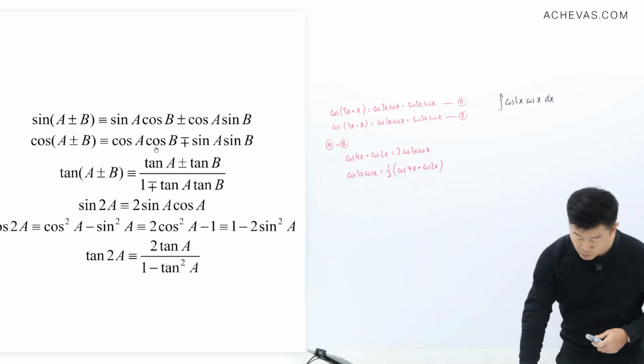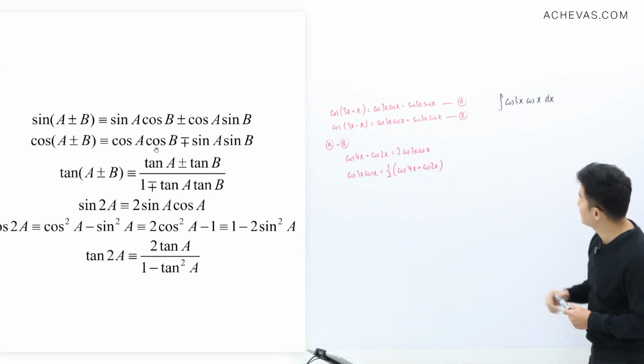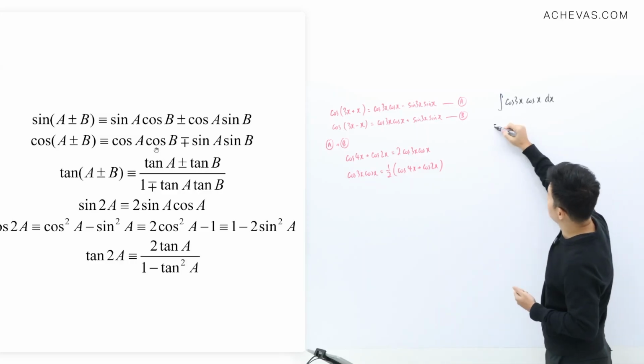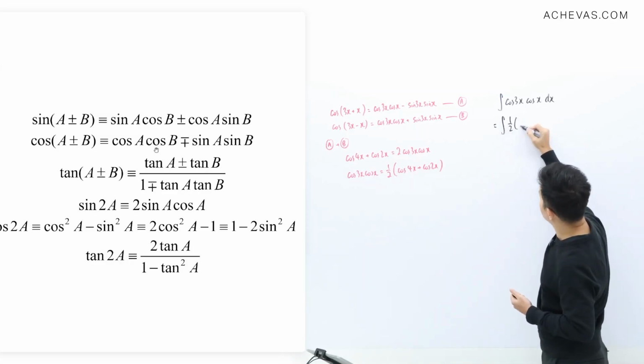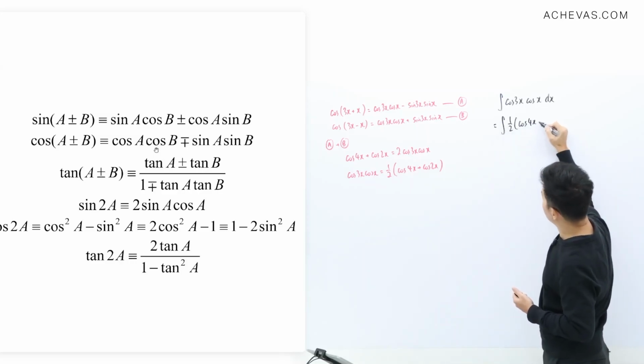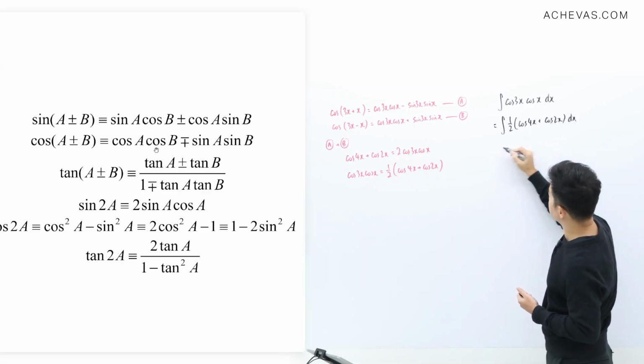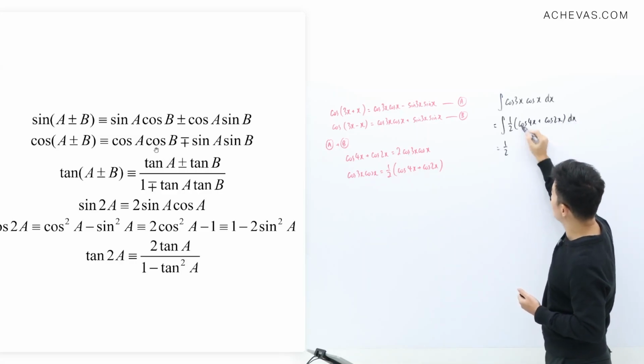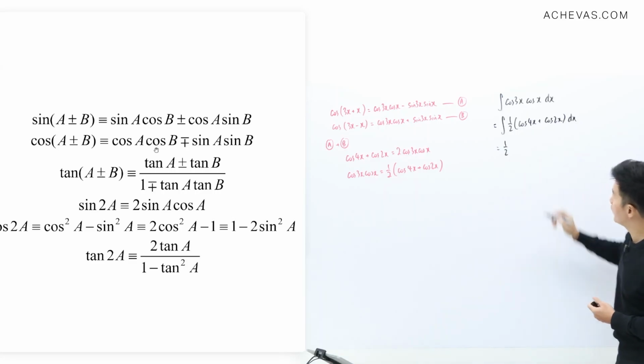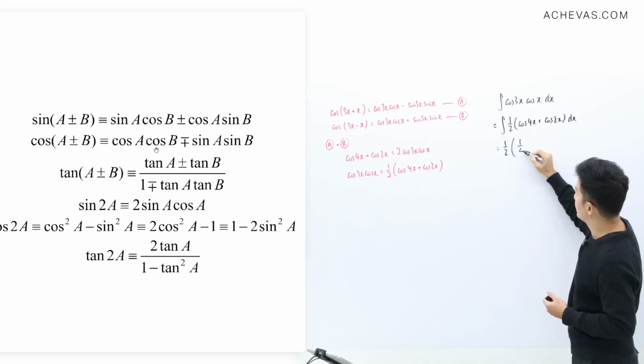And this is what I'm going to be making use of to re-express this, which will now be a half, then cosine 4x plus cosine 2x dx. Factorizing out the half, we will just be integrating cosine 4x, which will be 1 over 4 sine 4x.